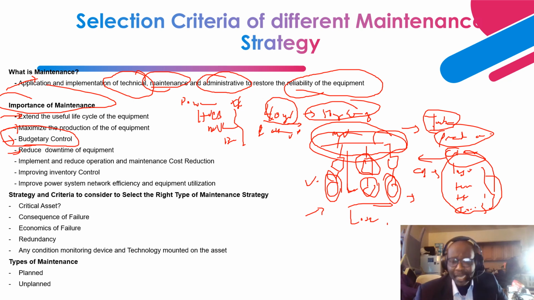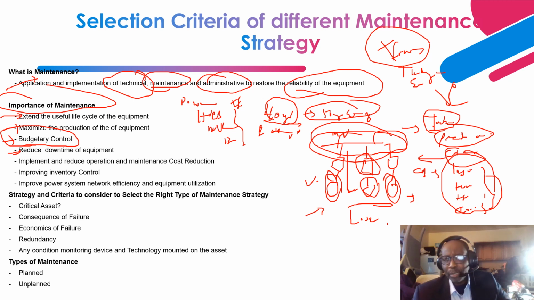On the other hand, let's take an example of a power transformer. For a power transformer, you can have time-based maintenance, where every 6 years you take the transformer offline and perform all the electrical inspection and testing.